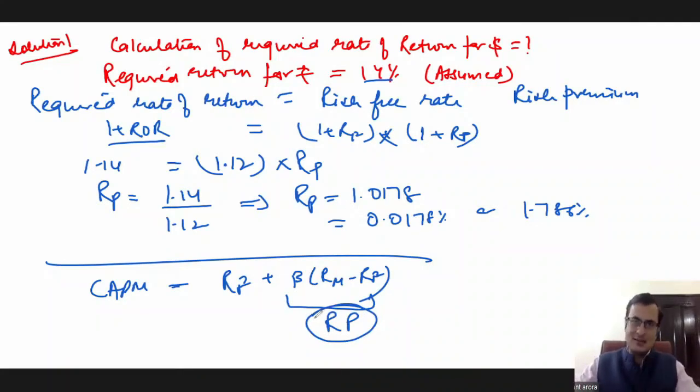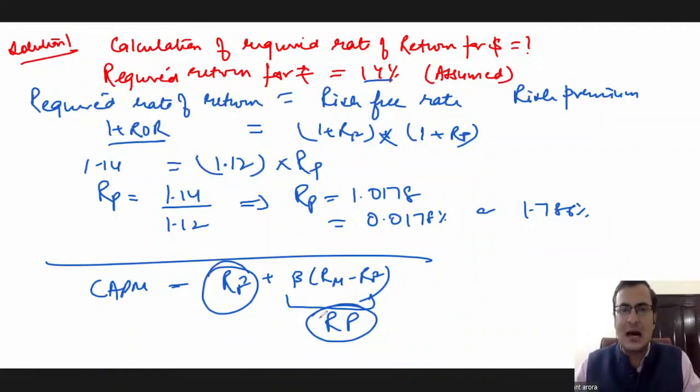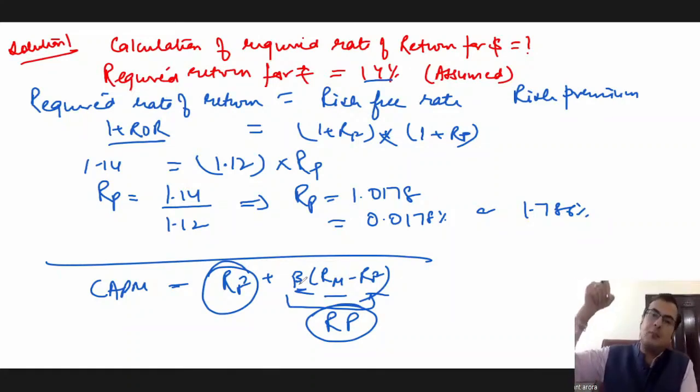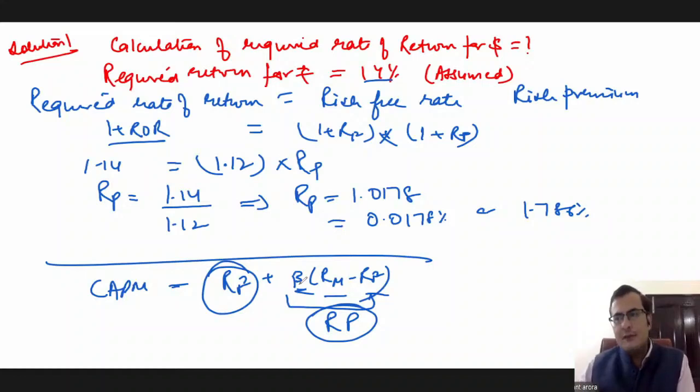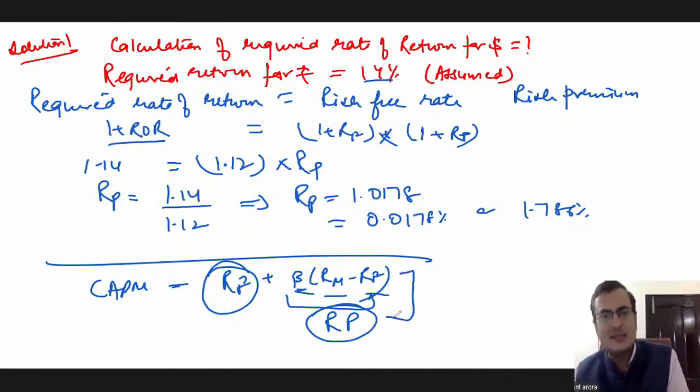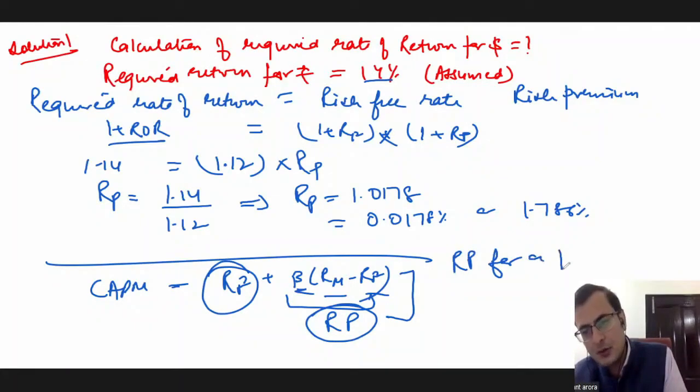You are adding RF plus RP, and RP you calculate with the help of beta, RM and RF. Here, when you're calculating the risk premium, it is for a particular project. You can't use CAPM when you're calculating the risk premium for a project.